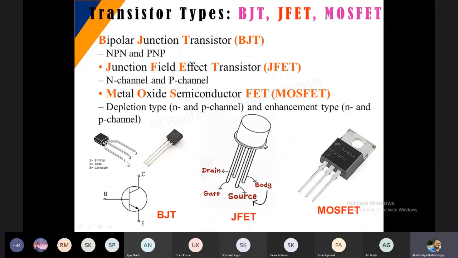You can observe that there are three terminals, as we have already discussed, and one of the surfaces is a flat surface. So the rule, when you are finding out how to read a transistor, is that you have to look at this flat surface.